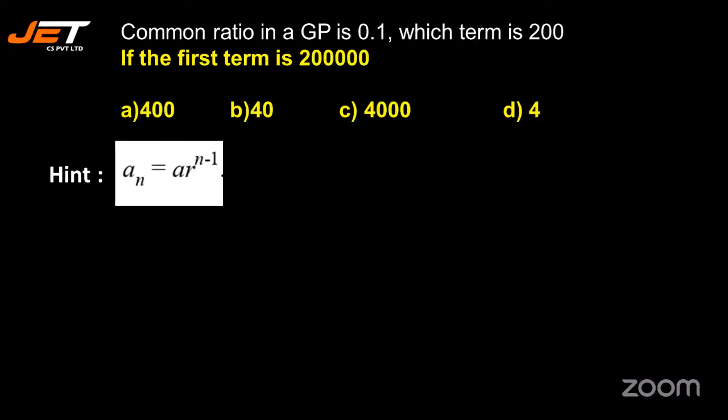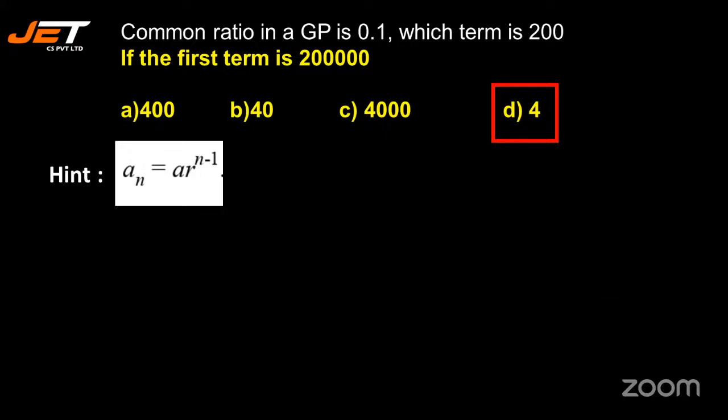Next sum. Your common ratio in a GP is 0.1. Which term is 200 if the first term is 2 lakhs? All right.